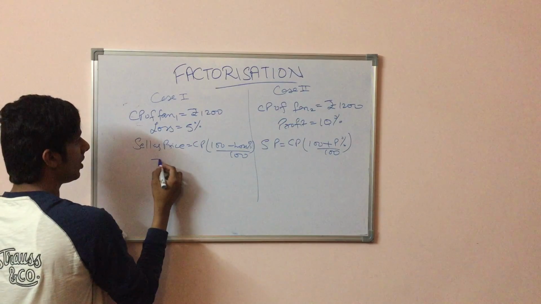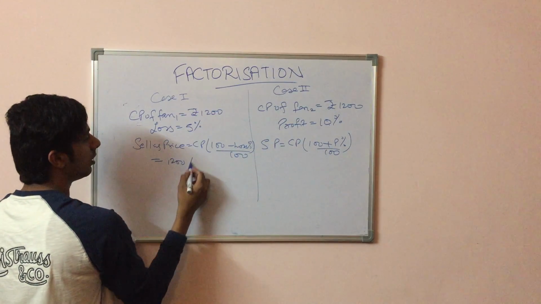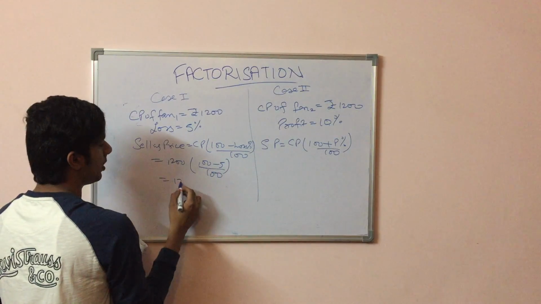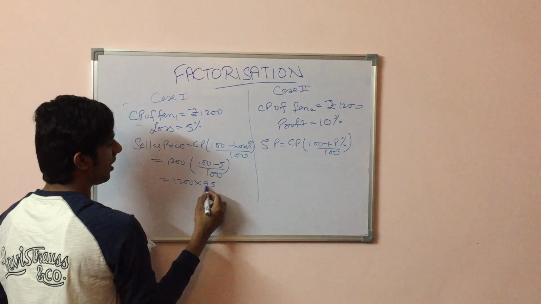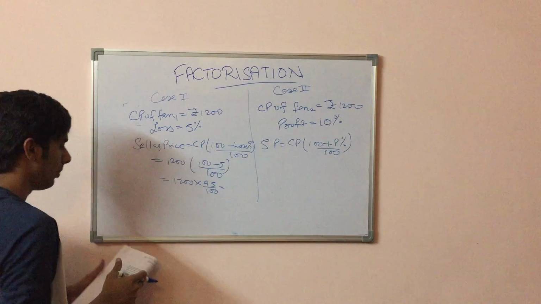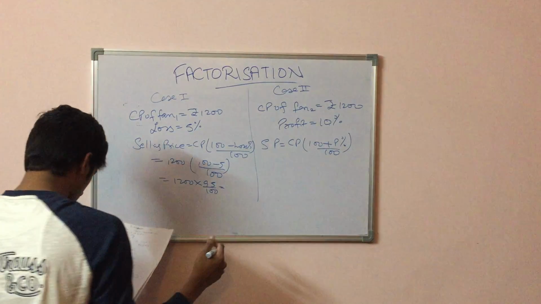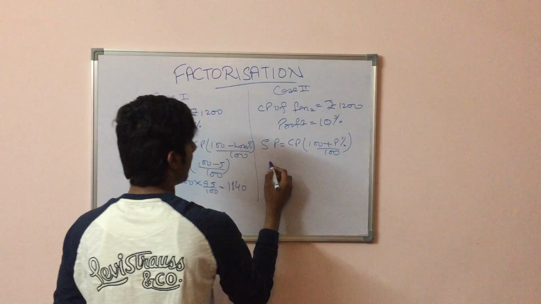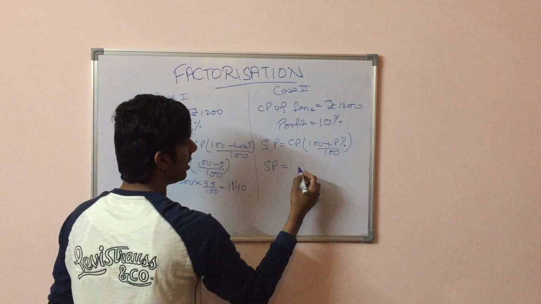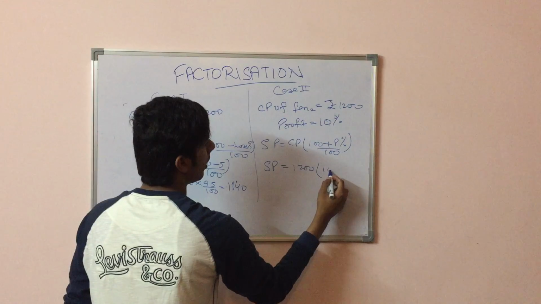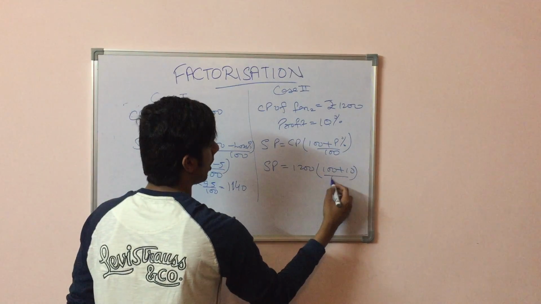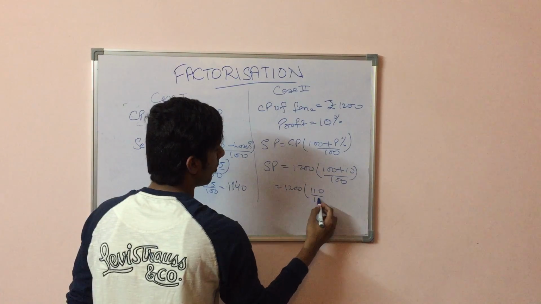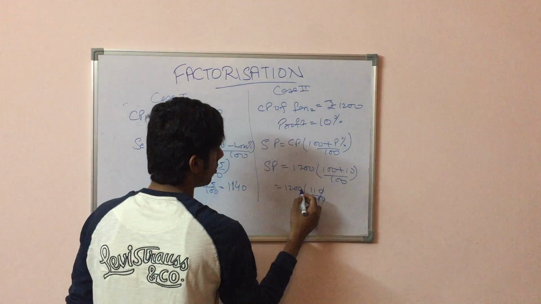Right? CP is 1200. 100 minus 5 upon 100, which will be 1200 into 95 upon 100, which will be around 1140. And in this case, SP is equal to CP 1200 into (100 plus 10) upon 100, which is equal to 1200 into 110 upon 100, cancelled out.